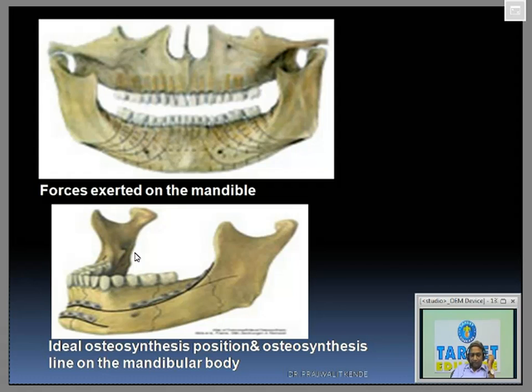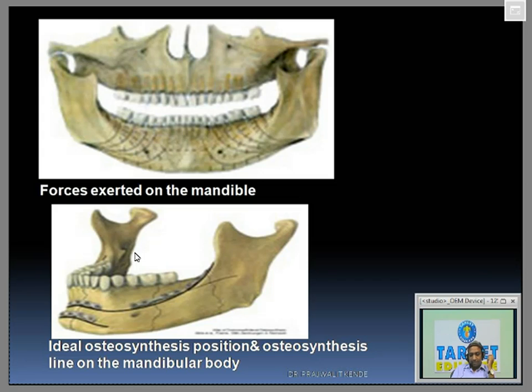He drew two lines on the symphysis and the parasymphysis region. So these are the two lines. The first line you can see here is drawn 2 to 3 millimeters below the root apices of the mandibular anterior teeth till the mental foramen. And one more line he drew just 5 millimeter above the inferior border of the mandible.